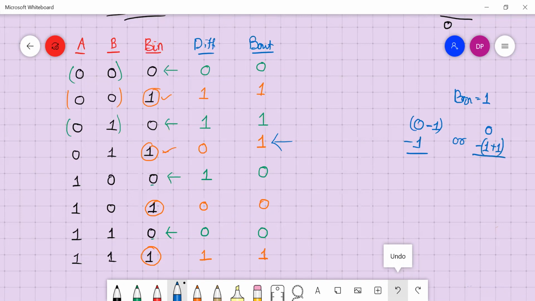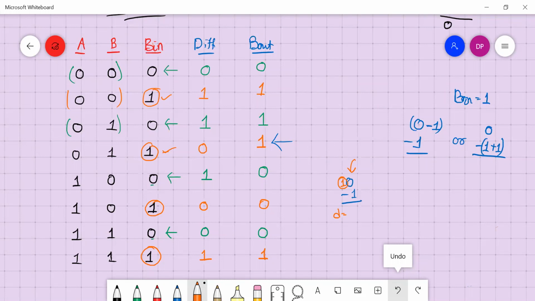So if you subtract 1 from here, 0 minus 1, what will we get? Is it possible? Half subtractor table, remember, 0 minus 1, take borrow. In order to perform this subtraction, we have to borrow something, isn't it?